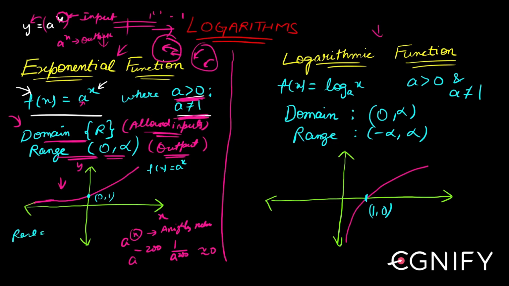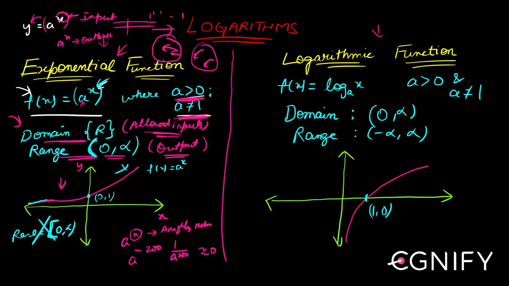I can't get a 0, but the value will keep coming closer and closer to 0. That is the reason why you have this open bracket. So 0 to infinity. As you keep increasing the value of x, you keep getting bigger and bigger values, right? So that's basically your exponential function.